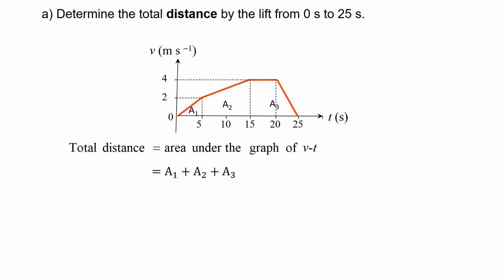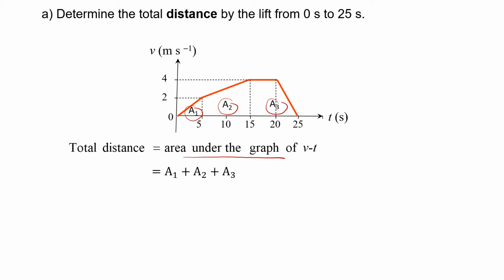Now, question number A, determine the total distance traveled by the lift from 0 second to 25 seconds. From this graph, total distance equals the area under the graph. We have three areas under the graph: area A1, area A2, and area A3.